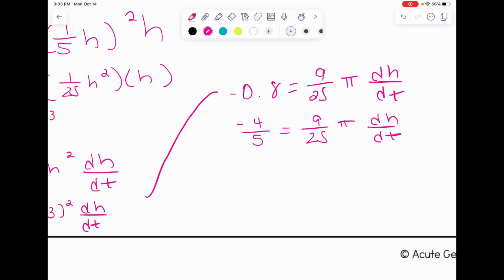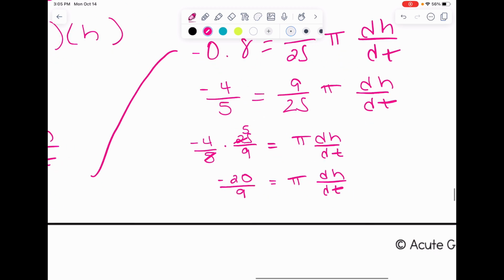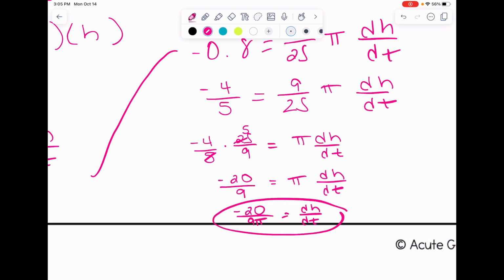You could do this in one step if you'd like, but I'm going to multiply both sides by 25/9. You can see we have some simplification, so I have negative 20/9 equals pi dh/dt. And then when I divide by pi, I get negative 20/9 pi is equal to dh/dt, and that is our answer for number 5.